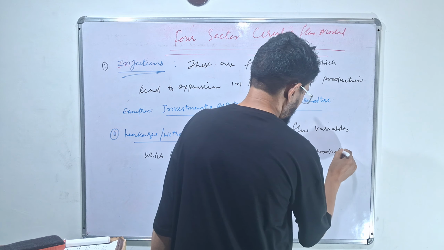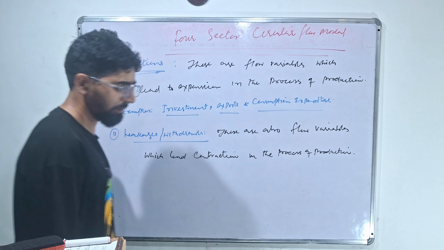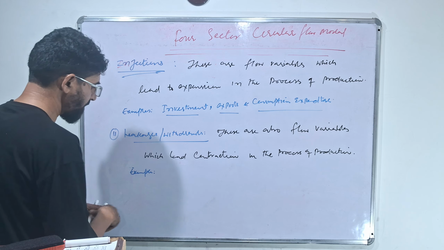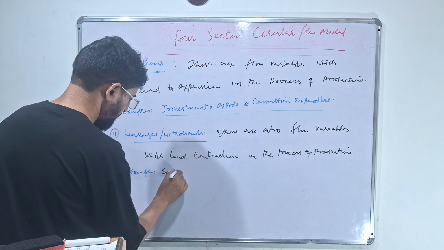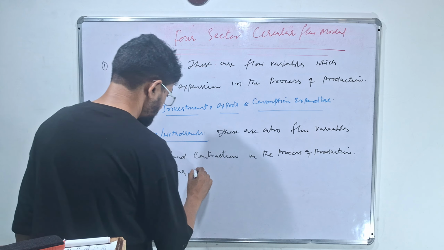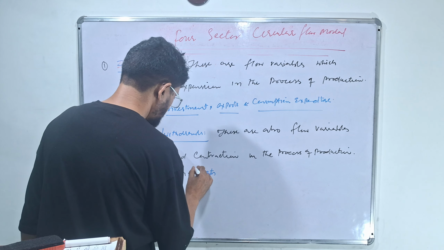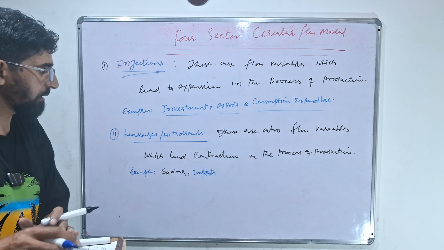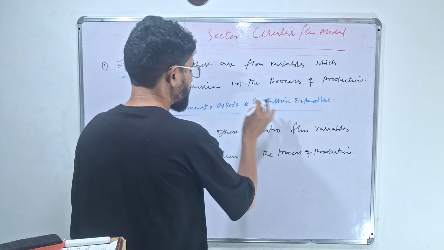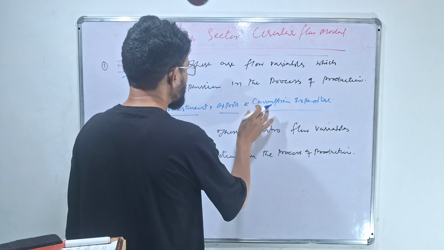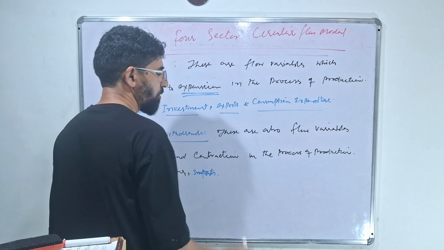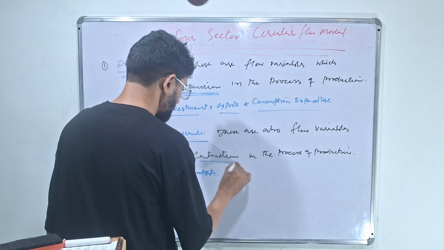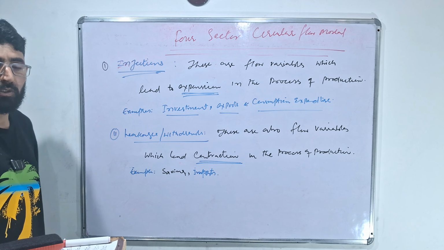For example, saving and imports. These are withdrawals from the economy and lead to contraction in the economy. The main difference is that investment, exports and consumption lead to expansion of the economy, but savings and imports lead to contraction in the circular flow.